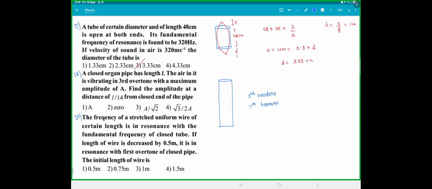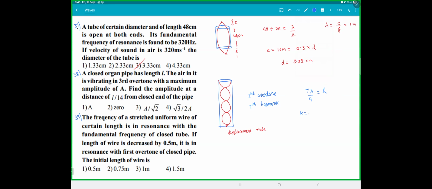And they're talking about displacement. So this is a displacement node or a pressure antinode. This is how it looks. So 7 lambda by 4 is equal to L.